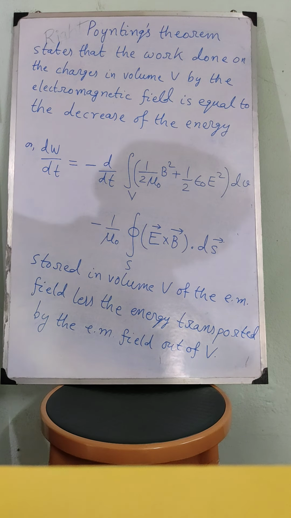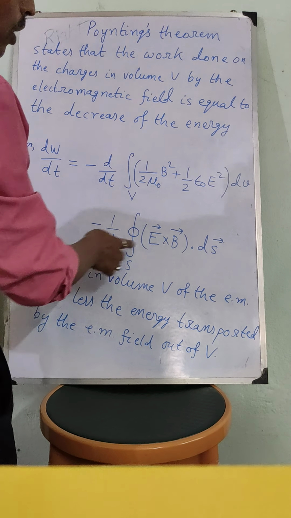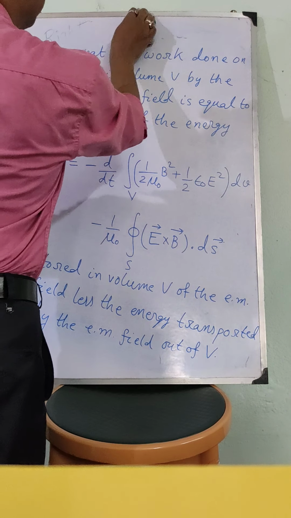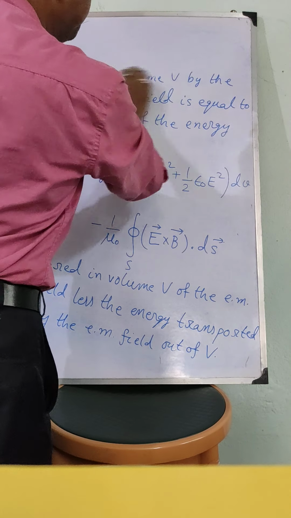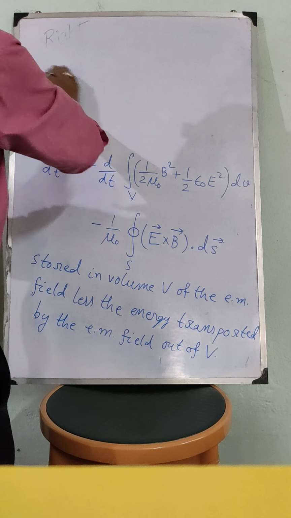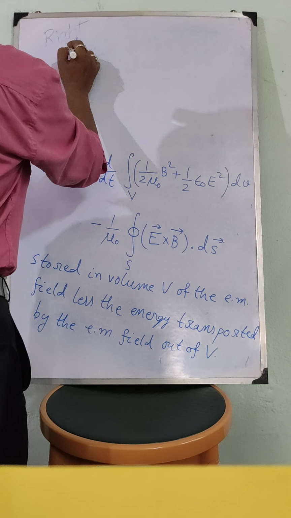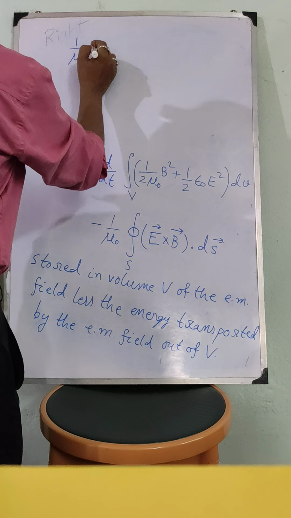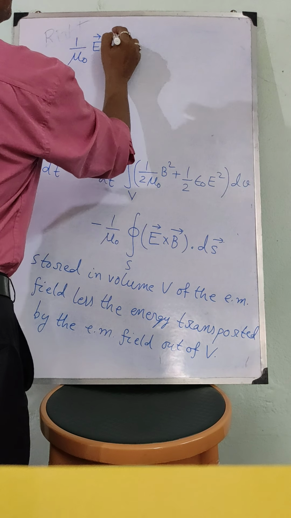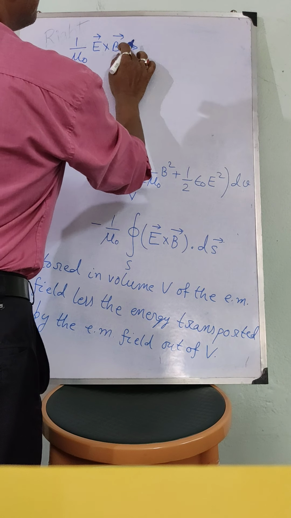Okay. So what is the Poynting vector? This 1 by mu 0 E cross B is the Poynting vector.